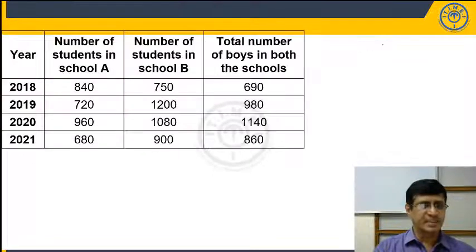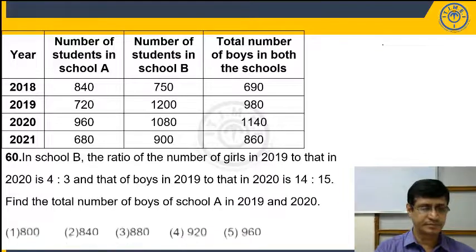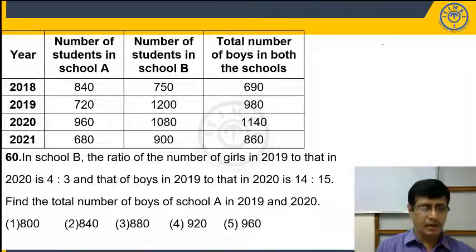Now look at the next example on your screen, question number 60. In school B, the ratio of the number of girls in 2019 to that in 2020 is 4:3. School B, 2019 with respect to 2020. What is given?